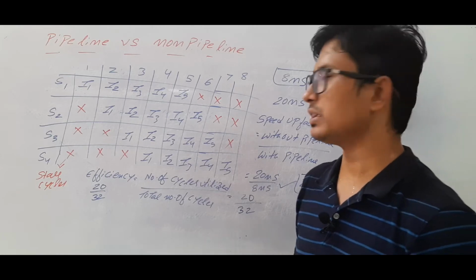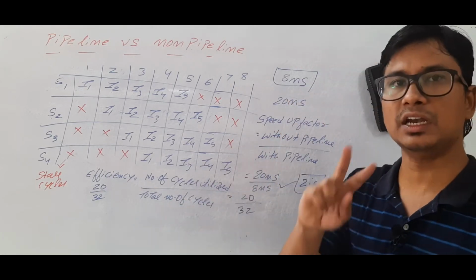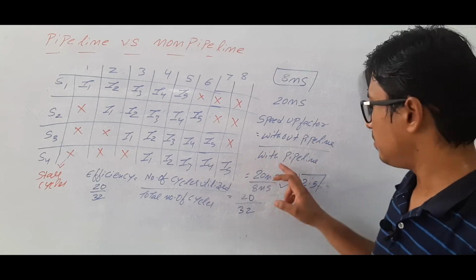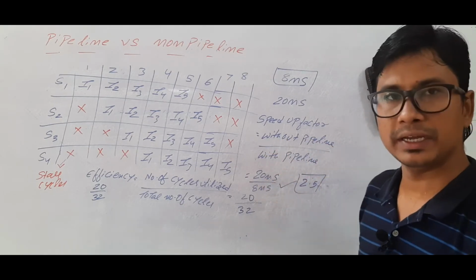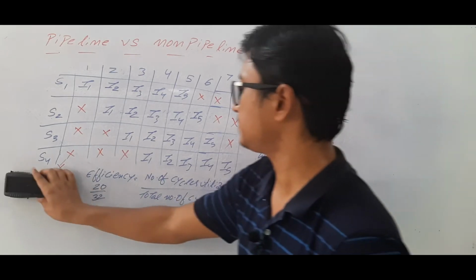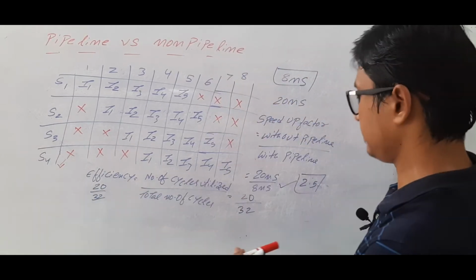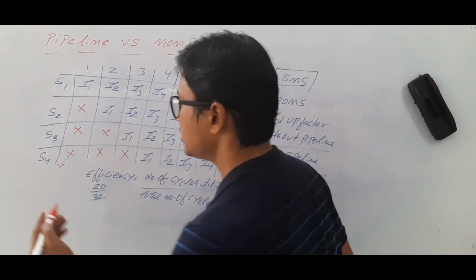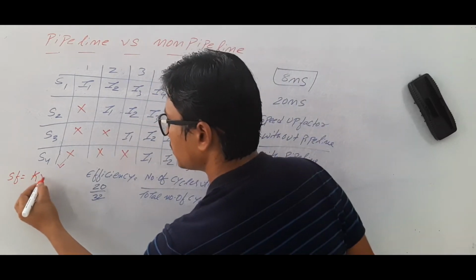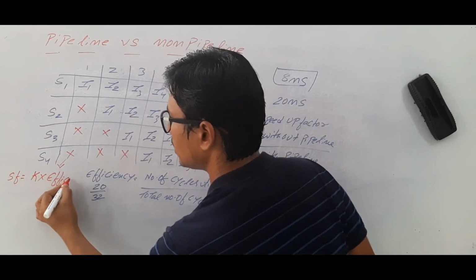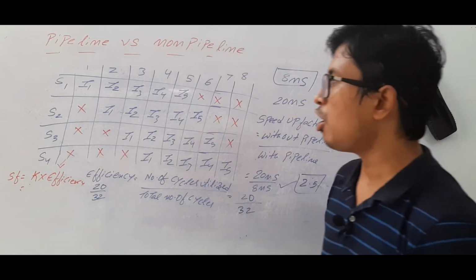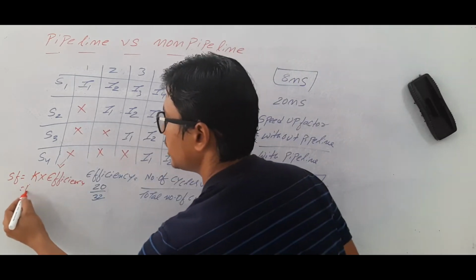Now remember one thing, speedup factor can be calculated in two ways. One is time taken without pipeline by with pipeline, I got 20 by 8. And another way I can calculate the speedup factor is speedup factor equal to K into efficiency. What is the K here? Number of stages. How many stages are there? 4. So the K value is 4.